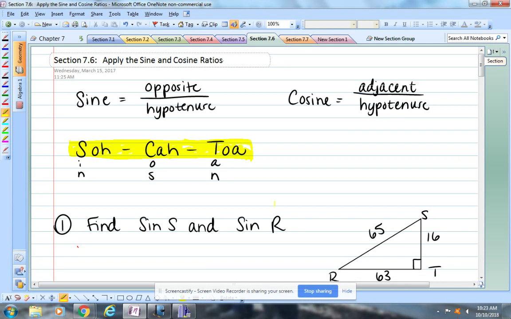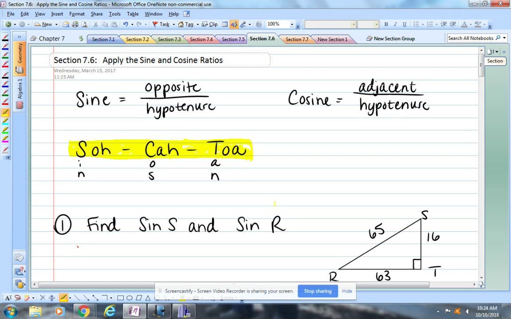Okay, the CAH part is talking about cosine, and it's going to be adjacent over the hypotenuse. And then TOA refers to tangent, and it is opposite over adjacent. So if you can remember how to spell SOHCAHTOA, then that will help you know which legs and hypotenuse go with which ones. All right?